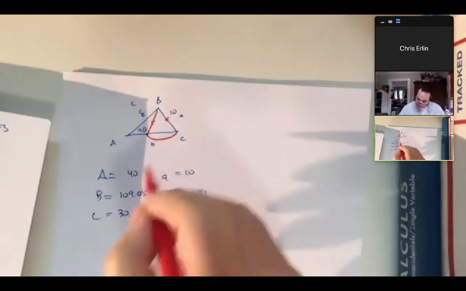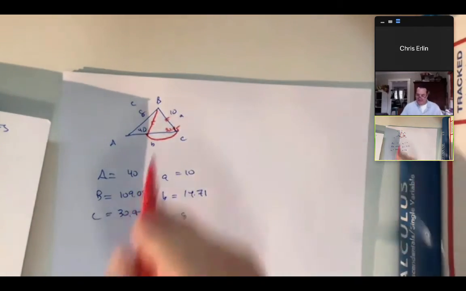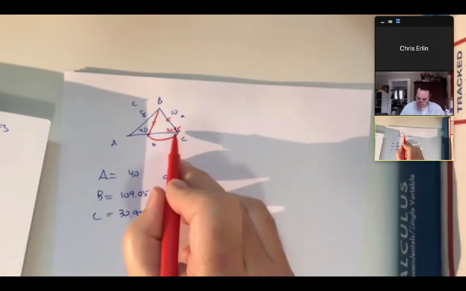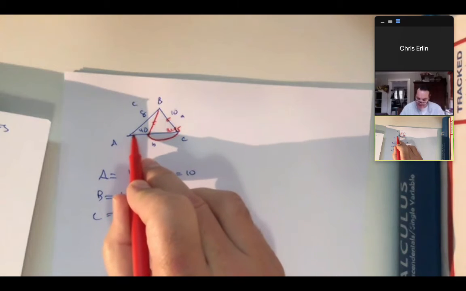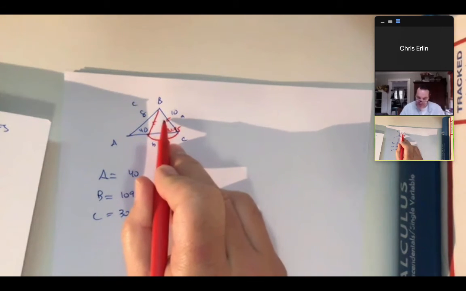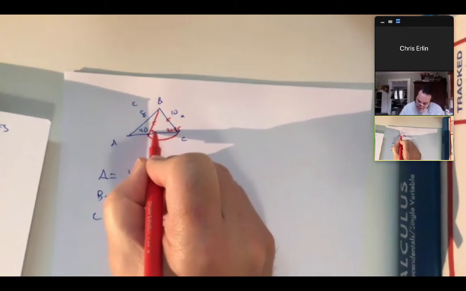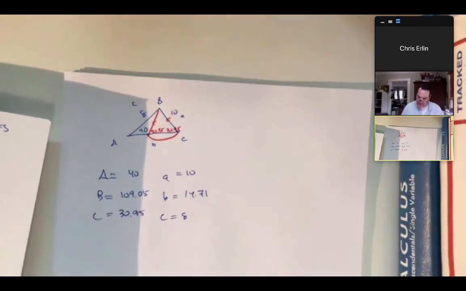What we had found was that angle C was 30.95. And in fact, if this triangle were to swing around, because it would still be angle side side, these two sides would still be congruent. They're still 10, which would make this triangle isosceles. So this would be 30.95 as well.